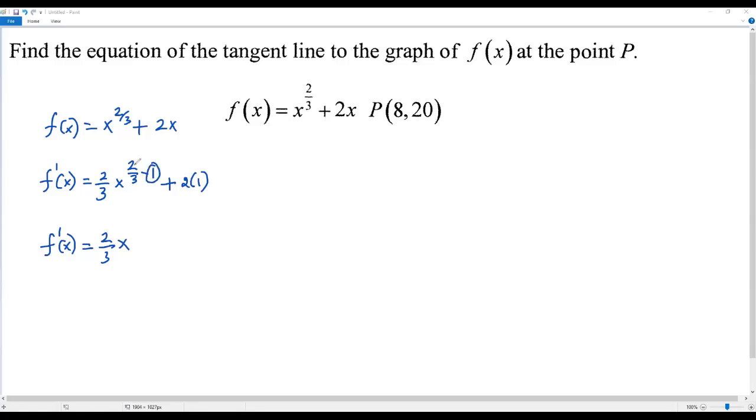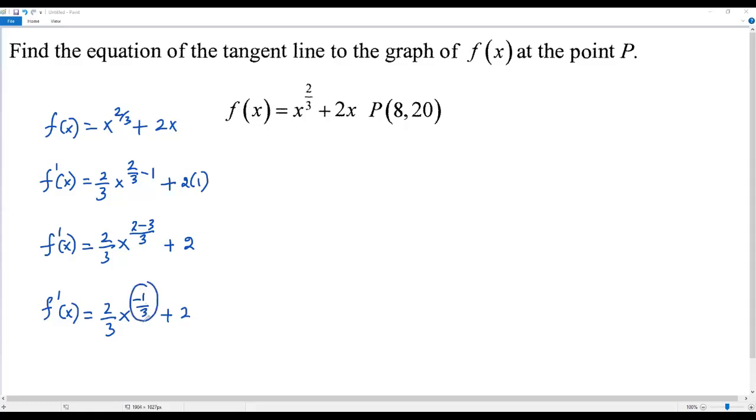Here an integer is subtracted from a fraction, so I multiply the integer by the denominator 3 and take 3 as a common denominator. Negative 1 times 3 is negative 3, plus 2 is negative 1. So f prime of x equals 2/3 times x to the power negative 1/3, plus 2.